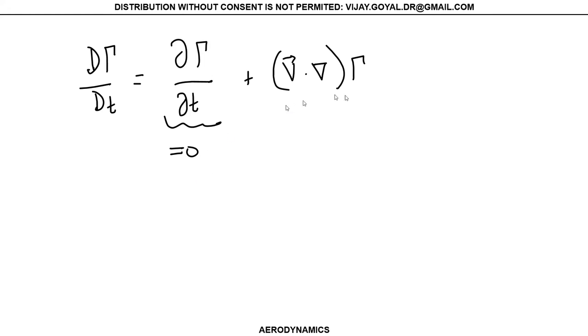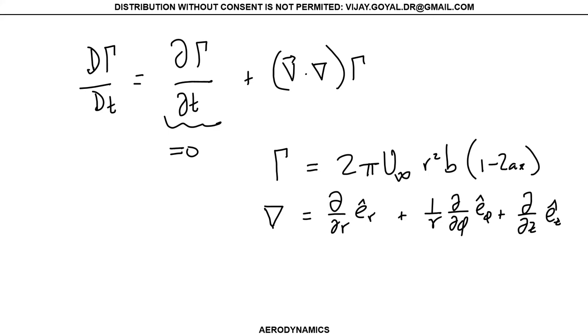Now, working with the next term, we found that gamma was equal to this, and we know the gradient is equal to this, so we apply the gradient to this.